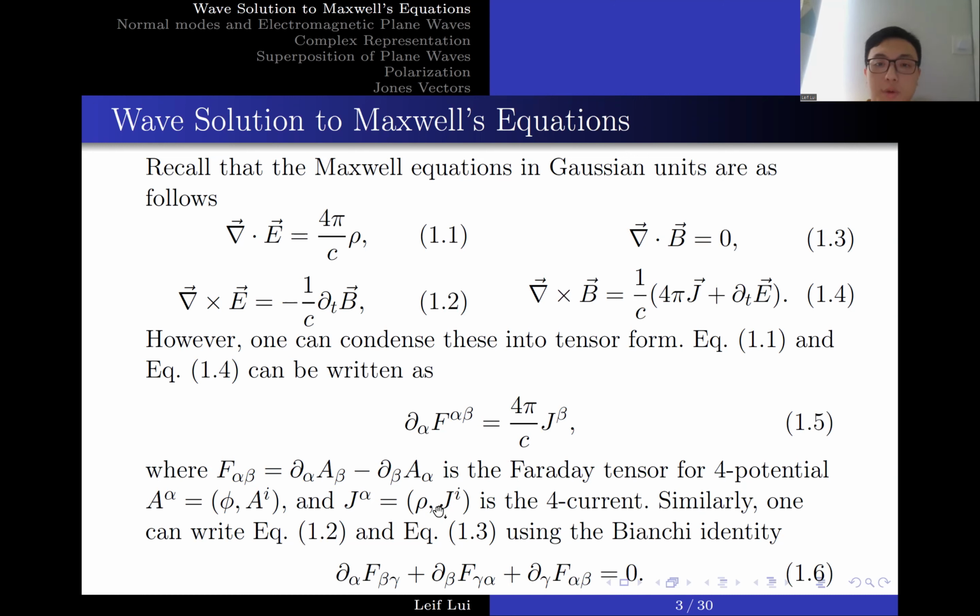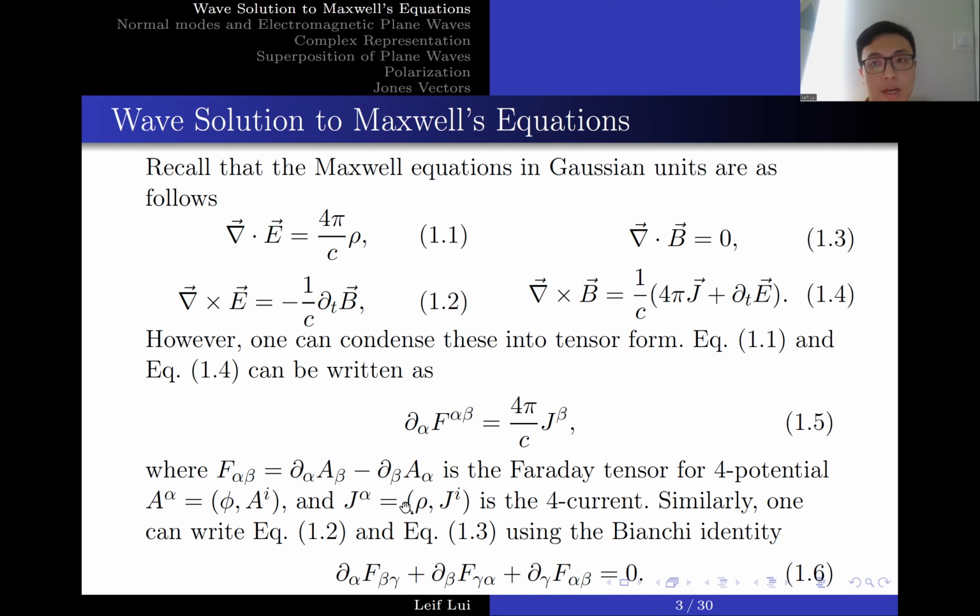Since this equation has J beta, it basically condenses equations 1.4 and 1.1, so these two equations are condensed into one equation. Similarly, one can utilize the Bianchi identity. Basically, if we change all of these to different indices and then we symmetrize them, we get this.